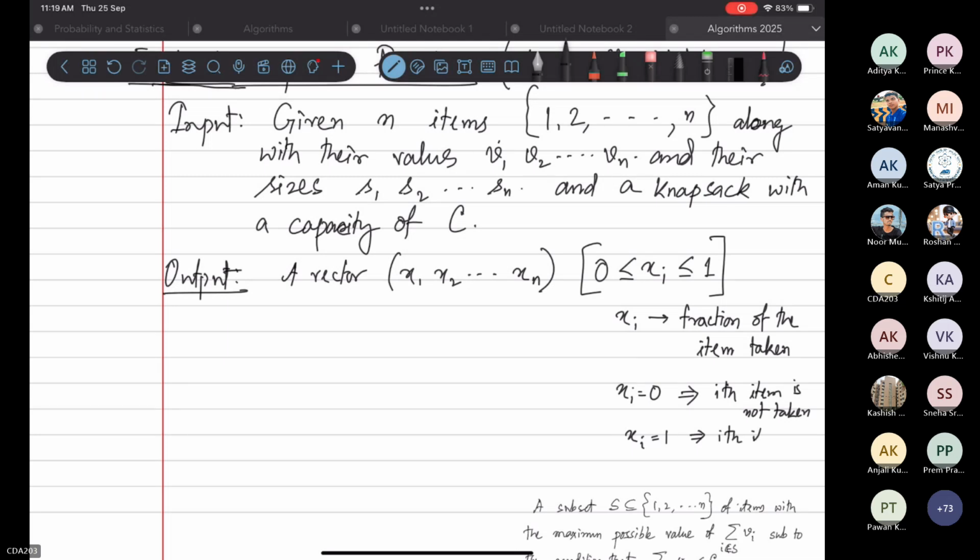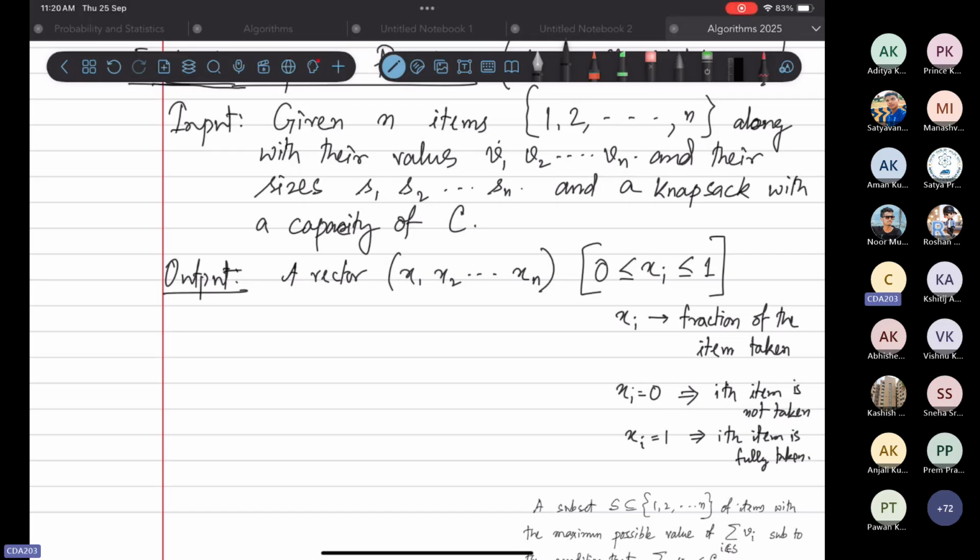The ith item is fully taken. So now you understand, I think, why I call the previous problem the 0-1 knapsack problem. Is this clear now?